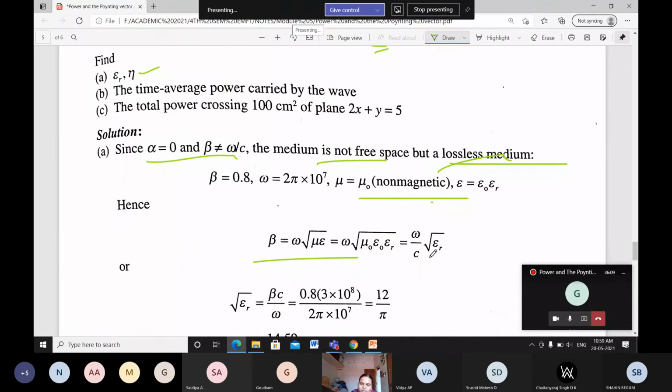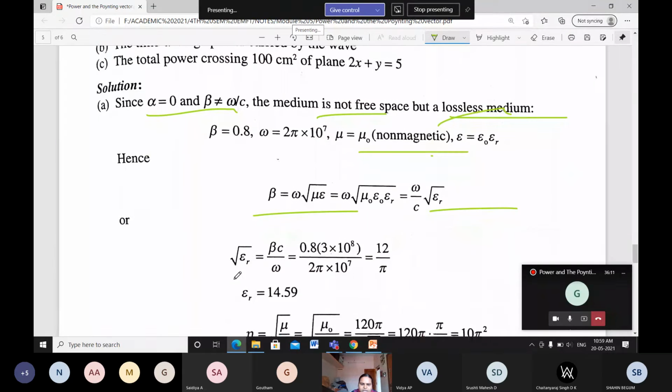Therefore, we don't know what is epsilon r. For that reason, square root of epsilon r is going to be beta c divided by omega. Beta we know, c is standard, that is 3 into 10 raised to 8 divided by 2 pi into 10 raised to 7. When you solve for this, you will be getting epsilon r as 14.59. Simple calculation, you just have to remember the equations, that's it.